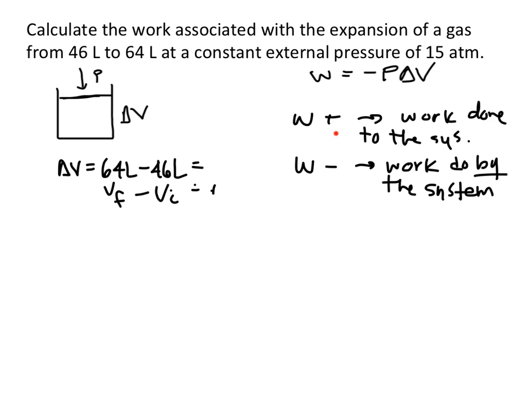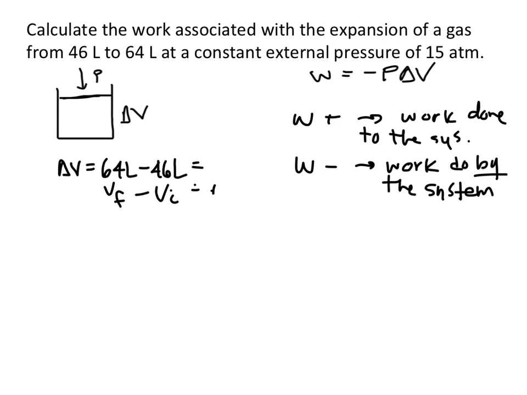Now, a positive W value represents work being done to the system. However, we know that this piston is being pressed up, or this volume here is expanding, and because this is the system, we know that the system is actually doing work on the surroundings. So we know that our W cannot be positive.